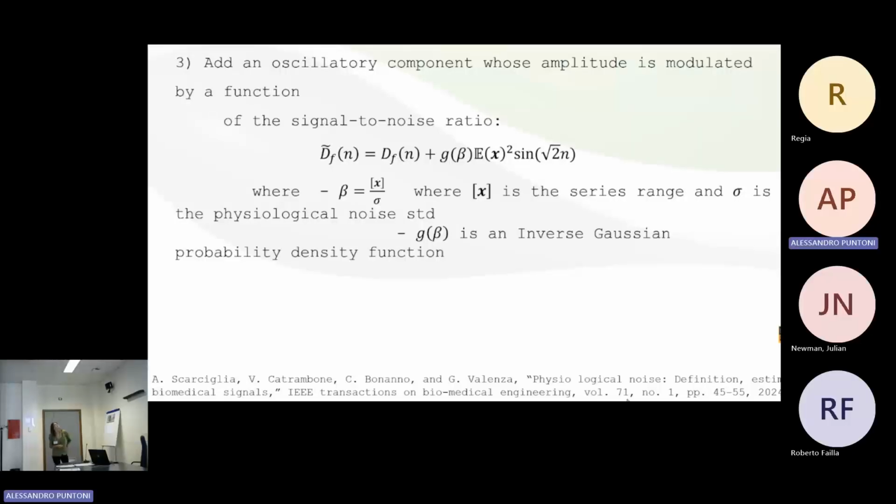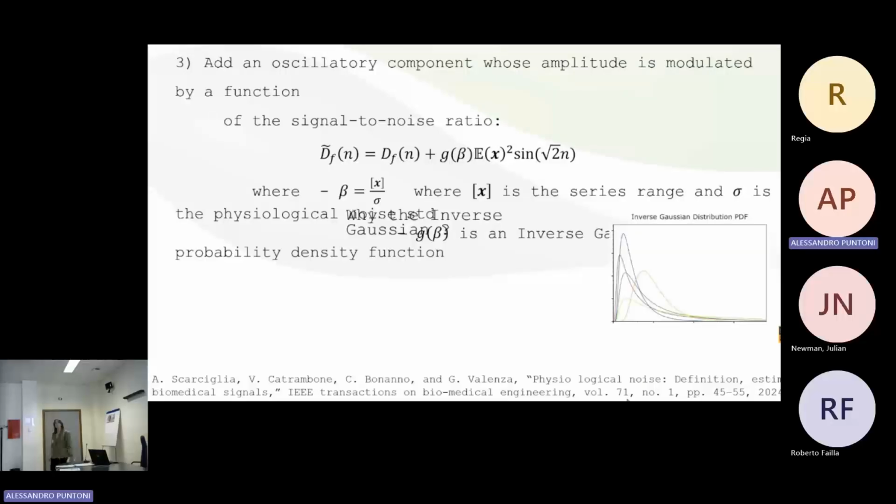Observe that sigma is the noise standard deviation, and when we analyze heart rate time series, so real time series, this quantity is estimated by using the methodology described in this paper by Andrea Scarciglia and co-authors. A function that does the job I said is, for example, the inverse Gaussian probability density function.